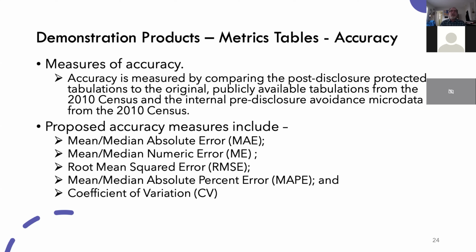The accuracy measures that they've released so far include mean or median absolute error, mean or median numeric error, root mean squared error, mean or median absolute percent error, and the coefficient of variation.